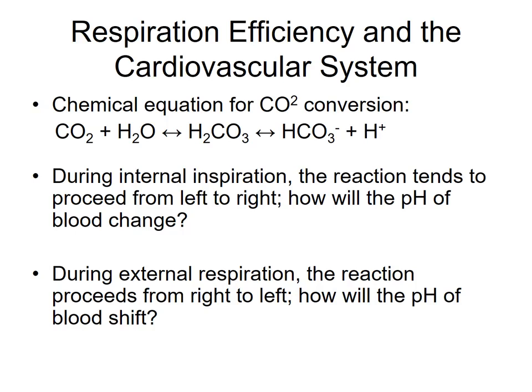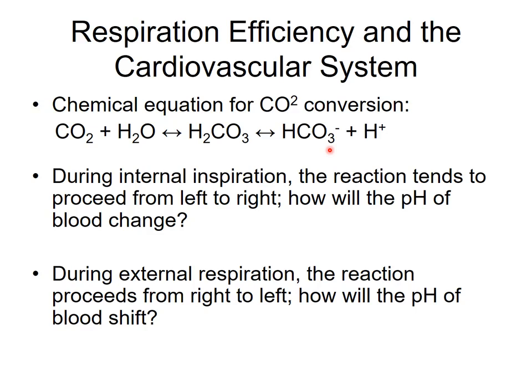On here you can see the chemical equation, showing the equation for the carbon dioxide, CO2, and how it's converted to carbonic acid and then bicarbonate ions. During internal respiration, the exchange that's occurring in the tissues, the reaction tends to go in the direction from left to right.